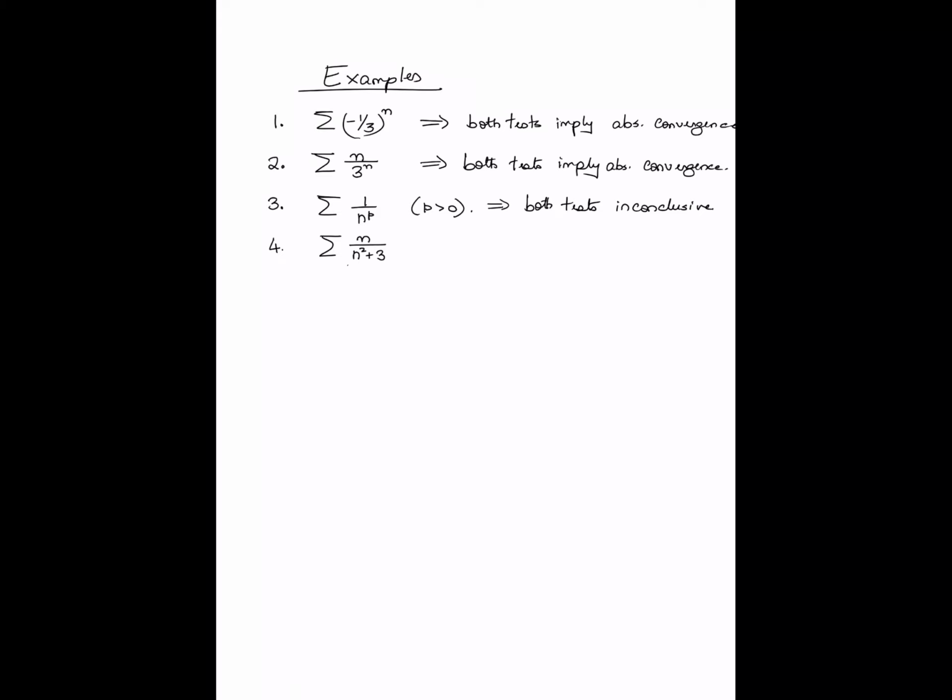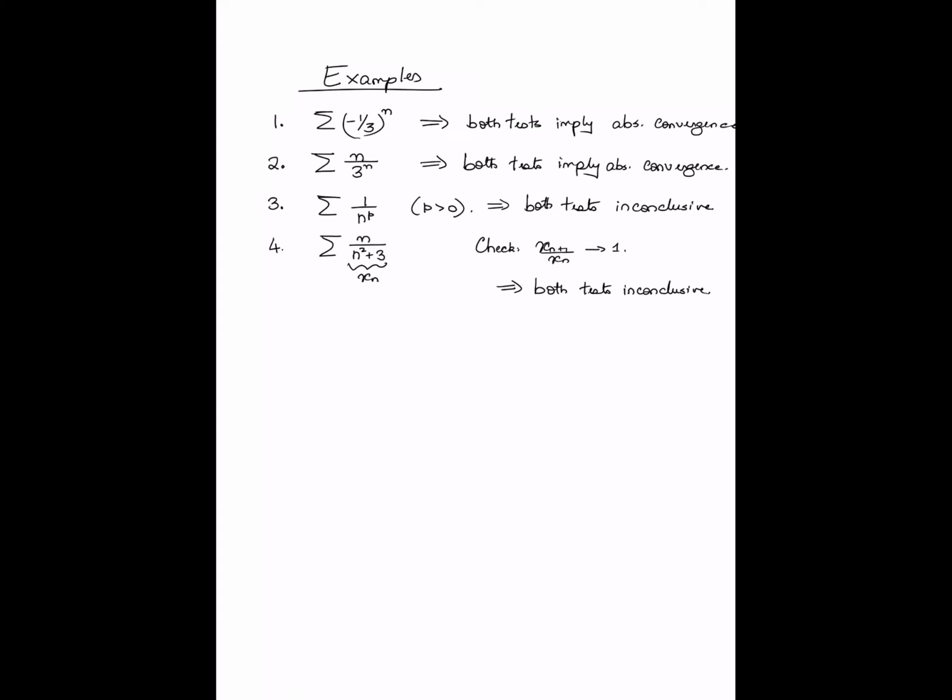Because if you call this x_n, you can check that x_{n+1}/x_n actually tends to 1, implying that both tests are inconclusive. Again, polynomial behavior, right? But if you stare at this for a bit, you will see that n divided by n^2 + 3 has a dominant 1/n type behavior.